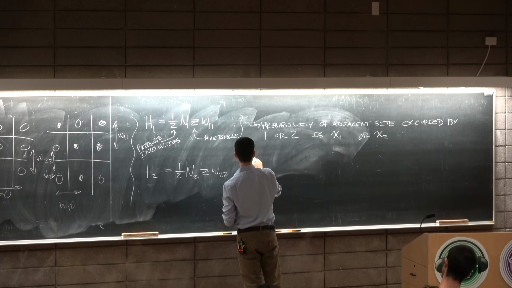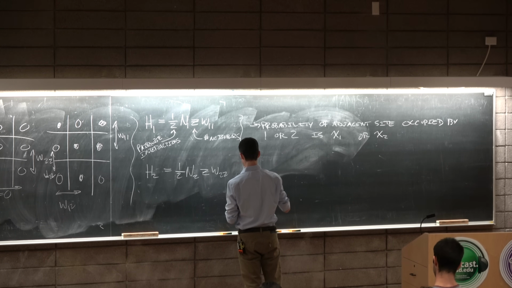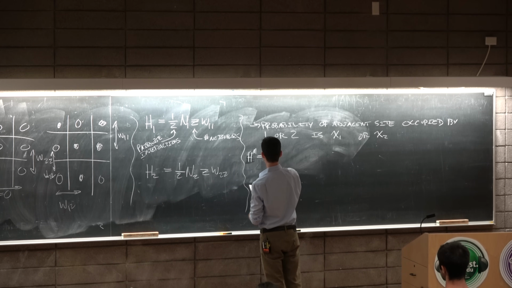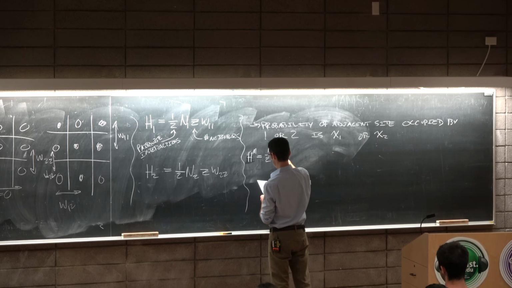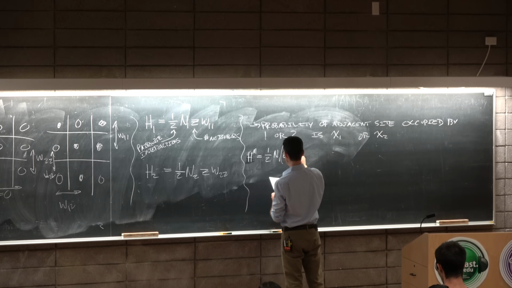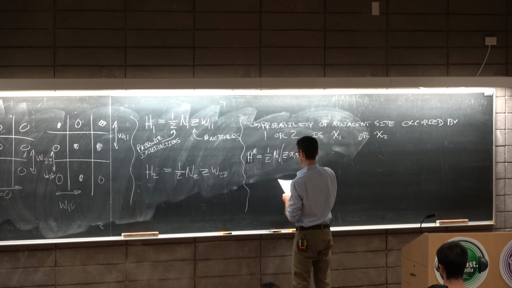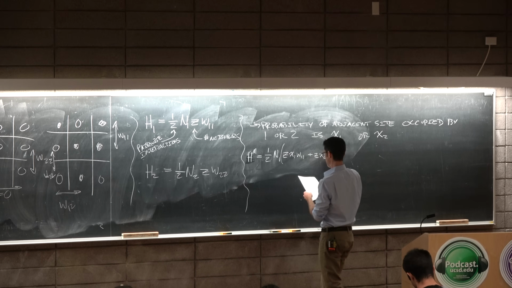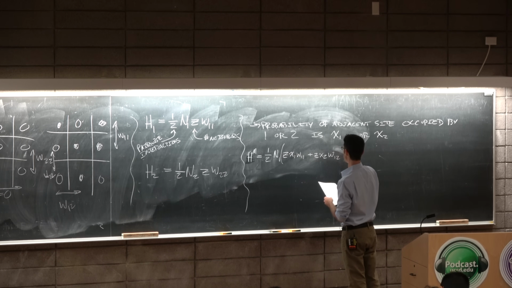So the enthalpy of the mixed state is 1/2 N1 times the quantity Z x1 W11 plus Z x2 W12.